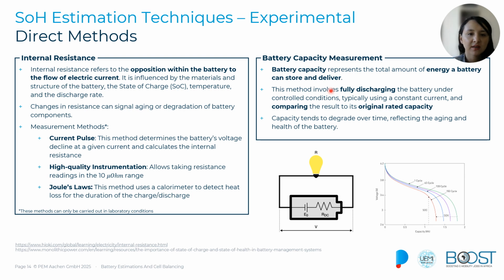The energy obtained during the discharge is measured, and it is then compared with the battery's original rated capacity. But as mentioned, both of these are mostly used in experimental conditions. It's not very common to use them in systems that are under operation.